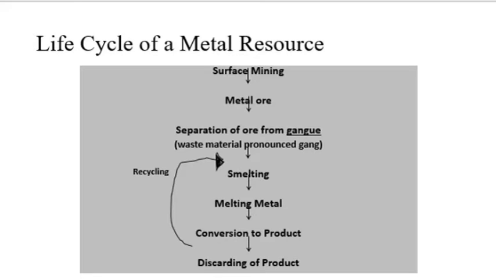All right. So, what's the life cycle of a metal resource? So, mag-surface mining and then metal ore, separation from the ore, smelting, melting metals, gagawin, i-convert ulit siya sa useful product, itatapon natin siya, and then i-recycle natin siya, tutunawin ulit.